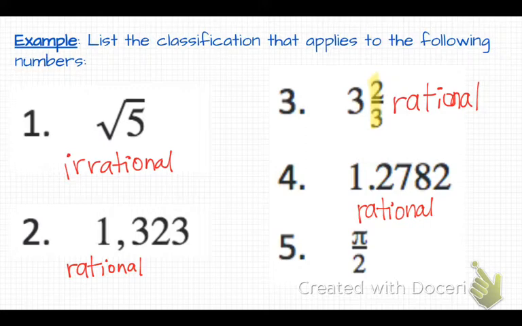It's a lot of the decimals that we work with. And finally, I have pi over 2. Why is it irrational? Because the numerator isn't an integer. The numerator is an irrational number, and it wouldn't terminate if I wrote it. Is this okay? Are we okay on this?